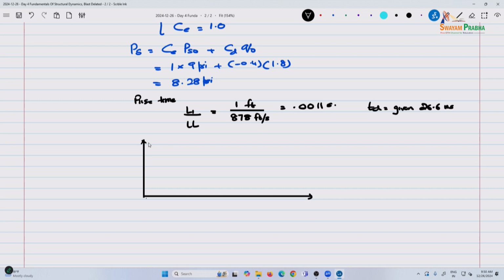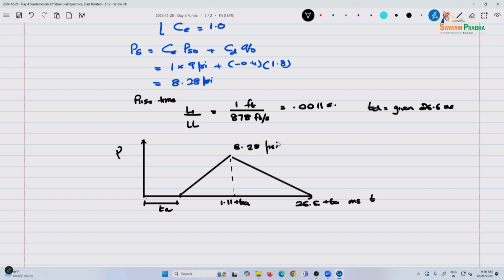The effect of negative curves, especially at low pressures, is fairly minimal. So I don't remember what the arrival time was, but you can take this as the arrival time, but the loading itself, if you're plotting for design purposes, this portion is what is important. And so this is 1.11 plus TA, and this is 26.6 plus TA milliseconds, and the peak value is 8.28 psi.